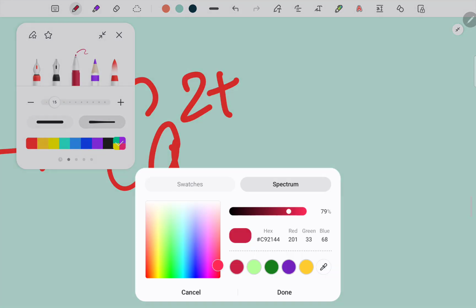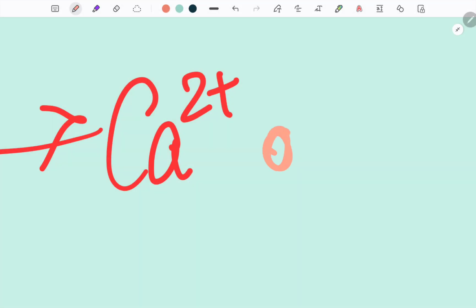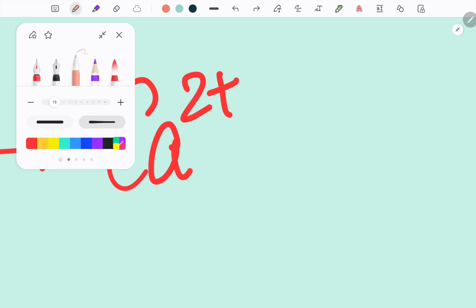Now the brick red color is actually kind of orangish. So if I were to show you brick red, it is like orangish red. So I think something like this. No, not this. This is not brick red.